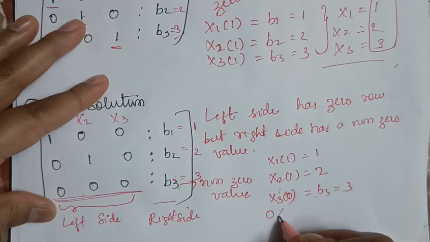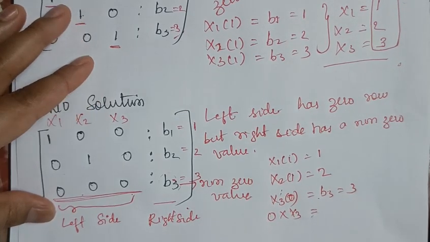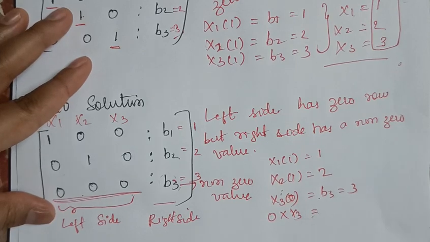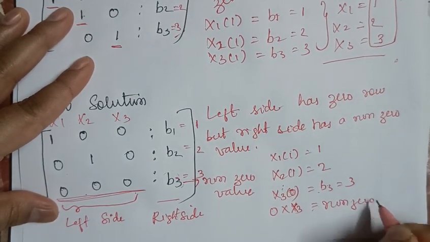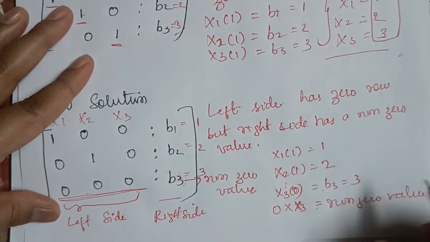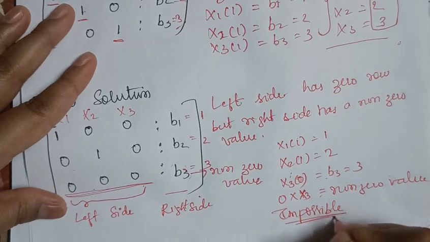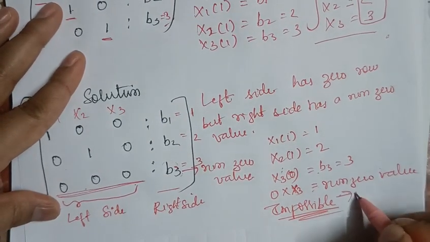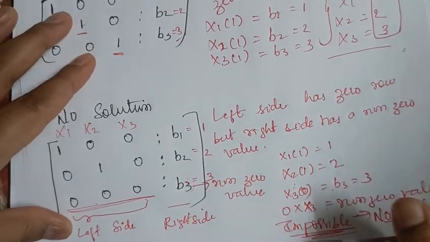So 0 multiplied by anything has to be 0, according to whatever we have learnt from our childhood. But it has got a non-zero value. So this is impossible, and hence we say no solution. Now we have got one more, infinite solution.